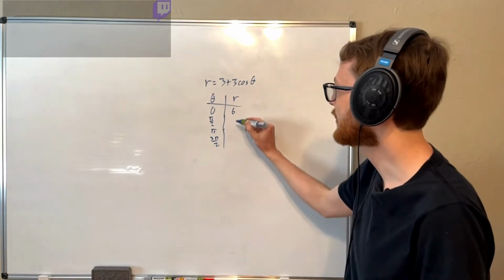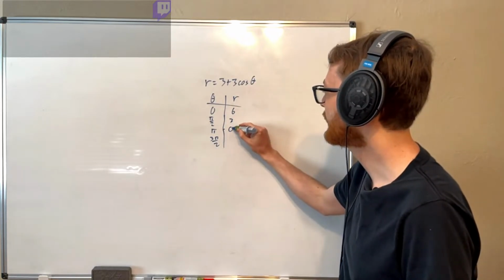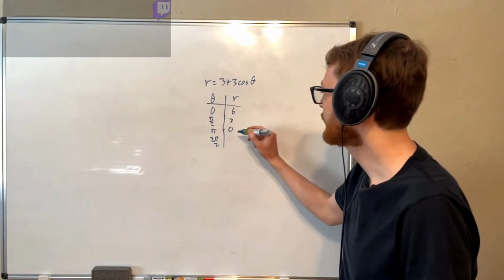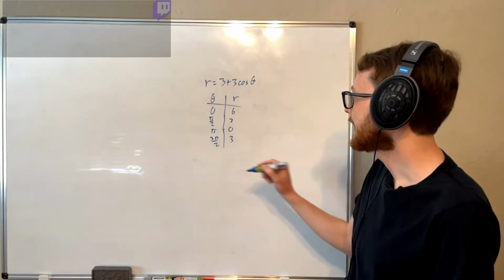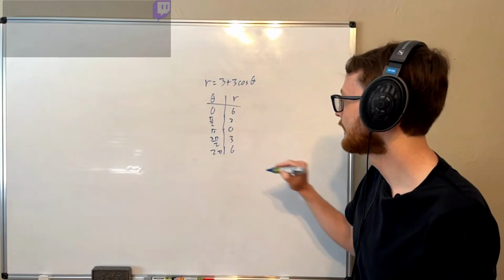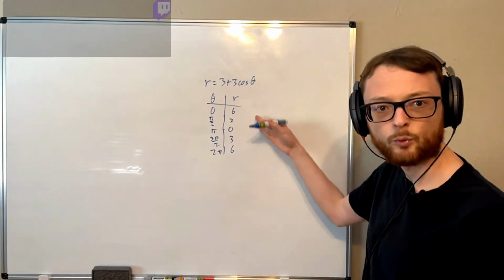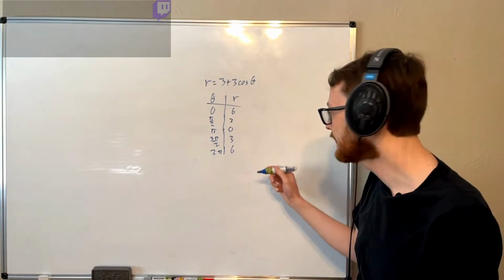Cosine of pi over 2 is 0, so 3 plus 0 is 3. Cosine of pi is negative 1, so we get 0. Cosine of 3 pi over 2 is 0, so we get 3. And if we were to go out to 2 pi, we come back around to 6. So we have a table of points here, and we can eliminate any graph that does not contain these points right off the bat.